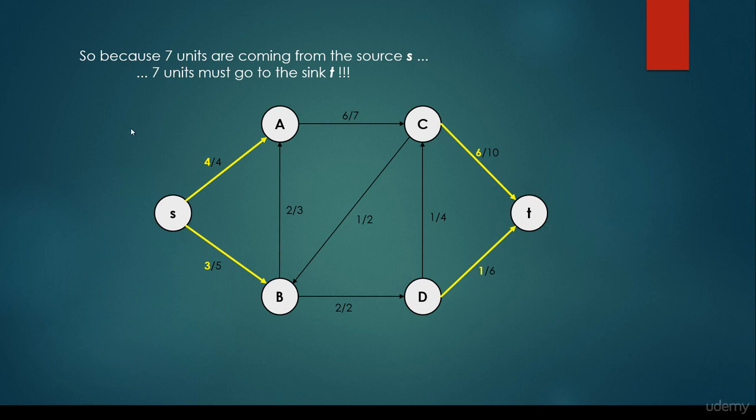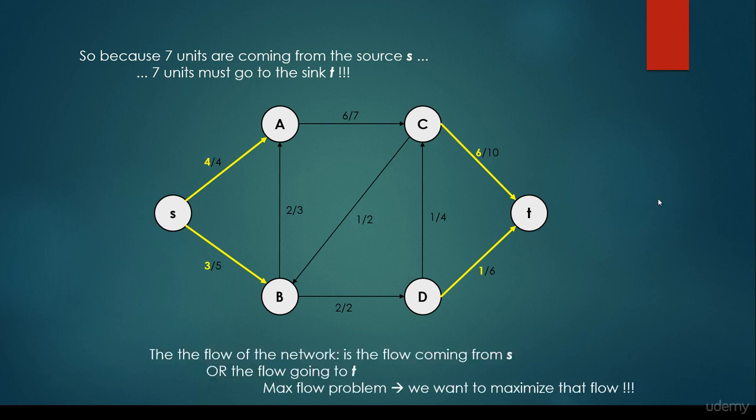And this property has to be true as well. So if we have, for example, 7 units of flow coming out from this S, then we must have 7 units of flow going in the direction of the sink. Okay, and basically it is a valid network flow because this is exactly what's happening.